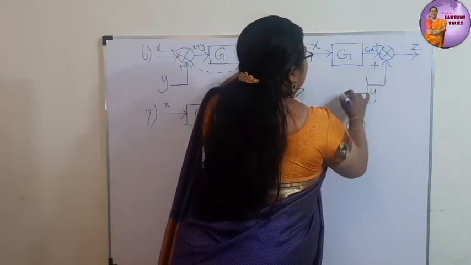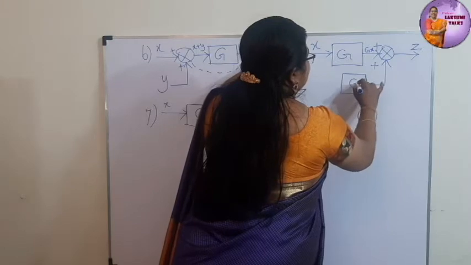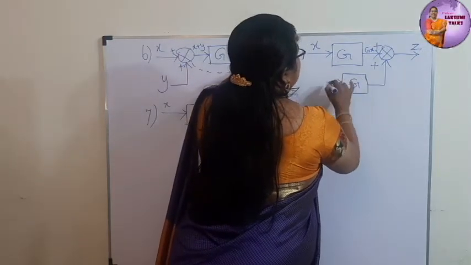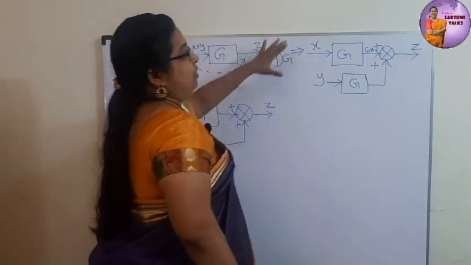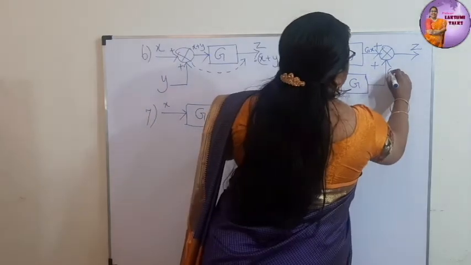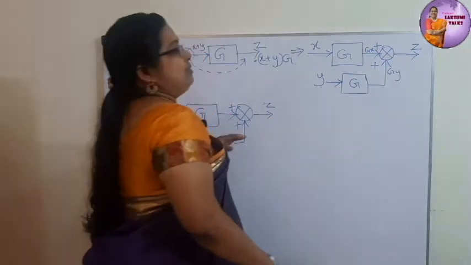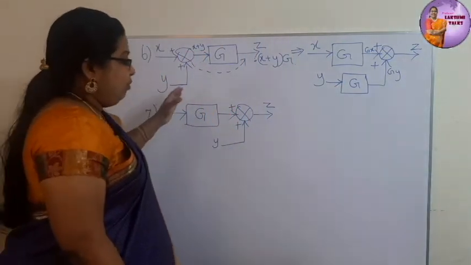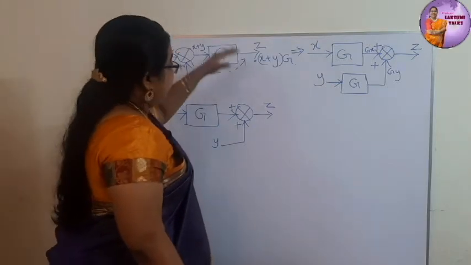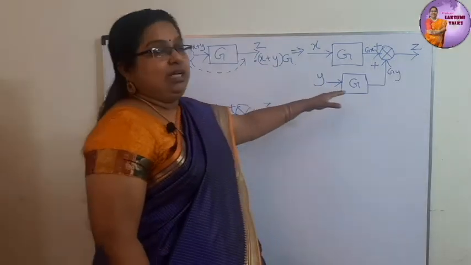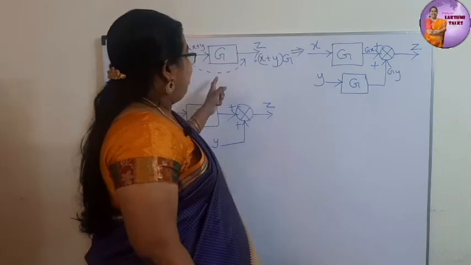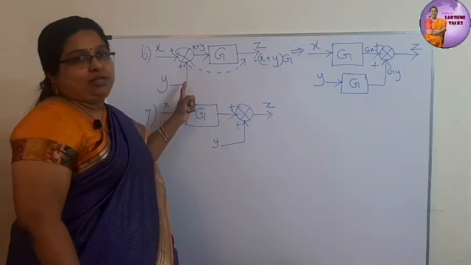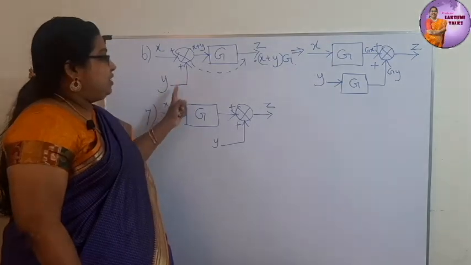You include the block G here, so here it is Gy and it is maintained. Z is equal to Gx plus Gy. So whenever you are moving a summing point ahead of the block, you have to include the same block in the summing point signal where you have shifted.